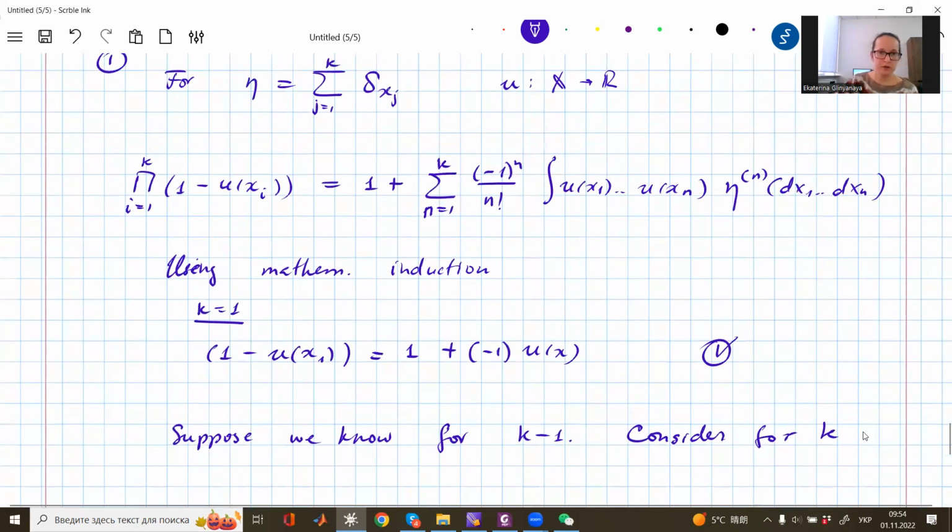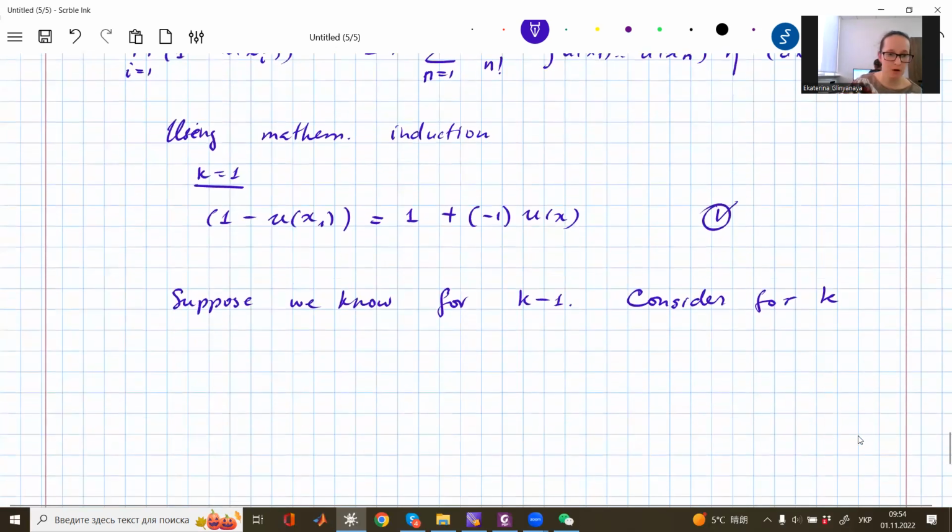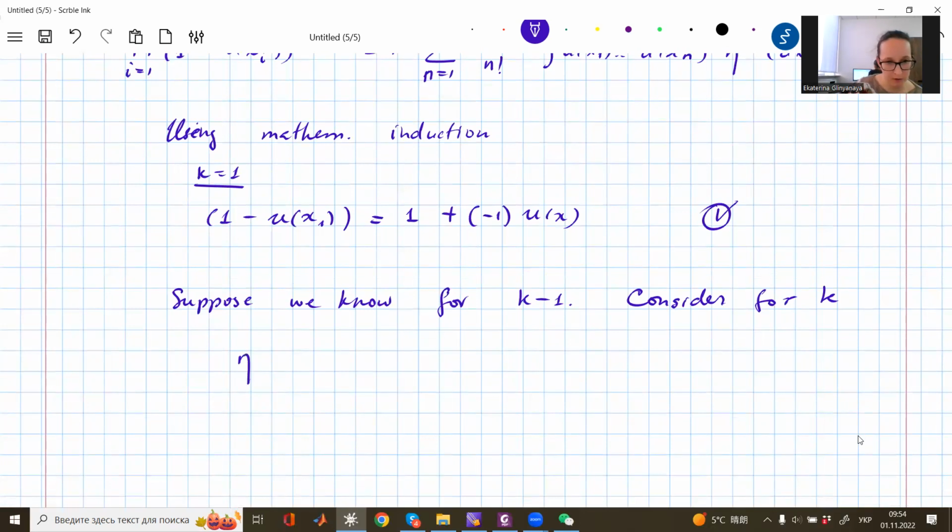So I will split my point process: sum of delta x_i from 1 to k minus 1 plus delta x_k. So I will have a sum of two point processes.